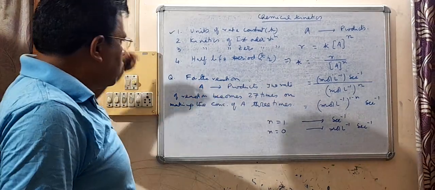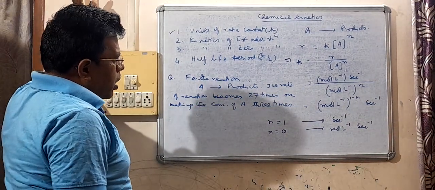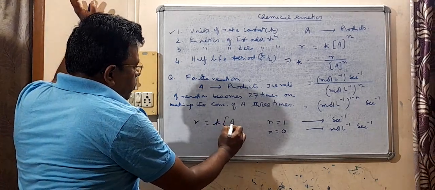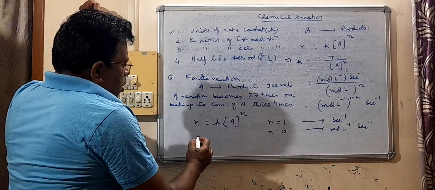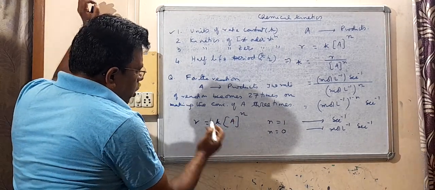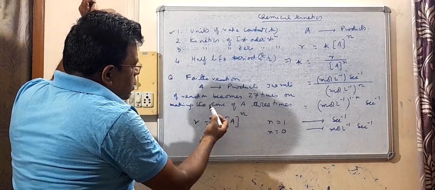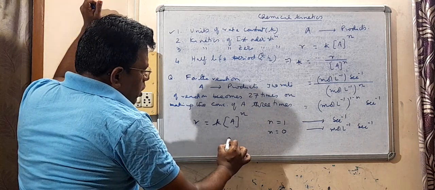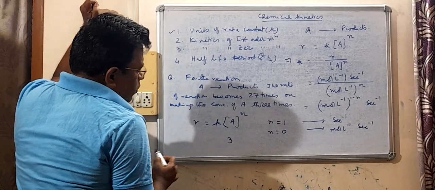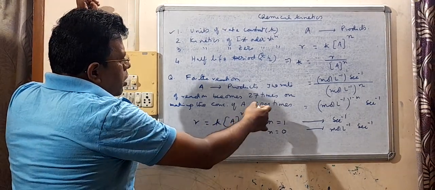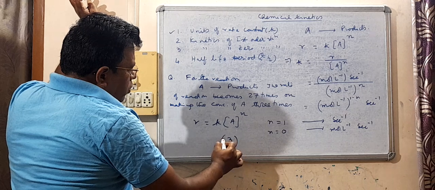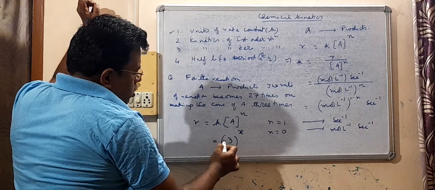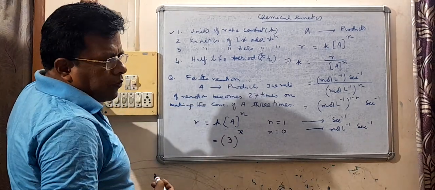Now suppose we consider the order to be, say, nth order. So if it is nth order, then R will be [A]^n. Since it is said that the concentration of A is becoming 3 times, so 3 to the power what will become 27?